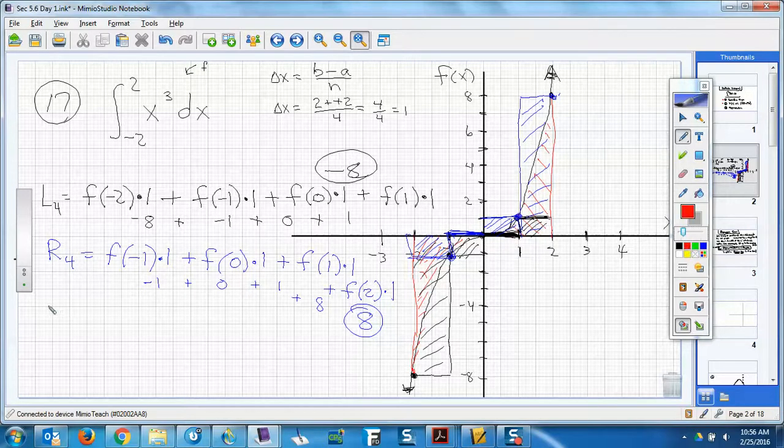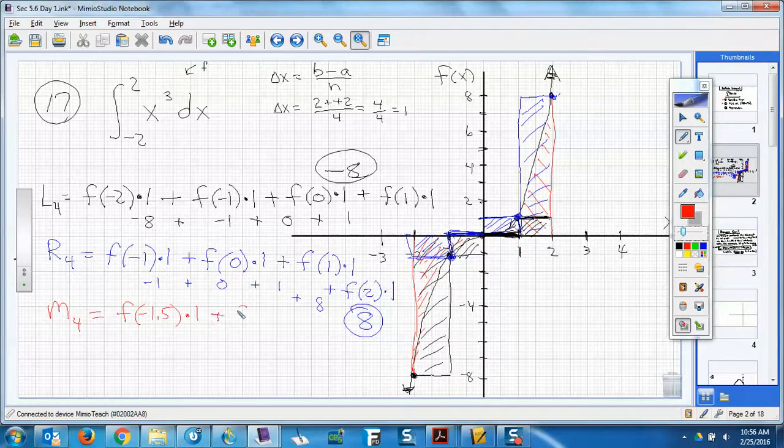Okay, let's do 4 midpoints. Now, I'm not even going to draw them, but I say we can write them. What is going to be my first midpoint height? It's going to be F of -1.5. It's going to be right there. F of -1.5 times, what's my width? Still 1, right? The width of the subinterval is still 1.